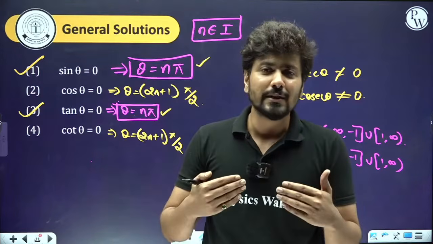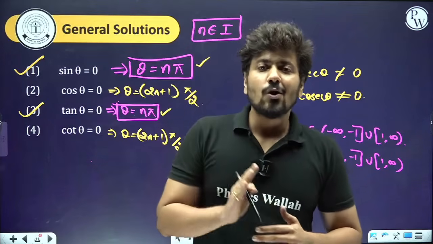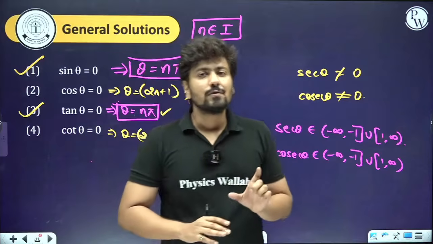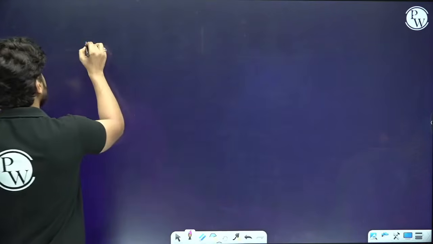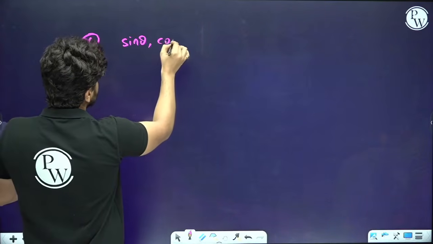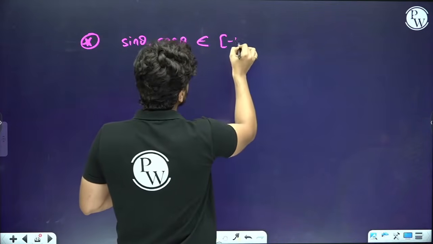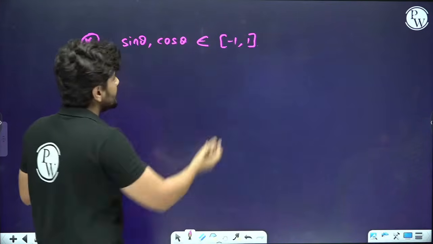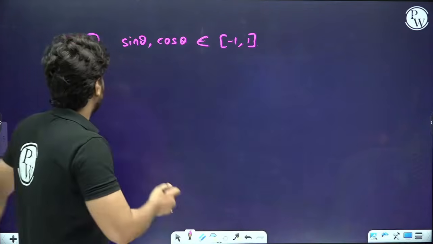We all know that sin theta and cos theta lie between minus 1 and 1. Any value of theta you put, their values will be between minus 1 and 1.